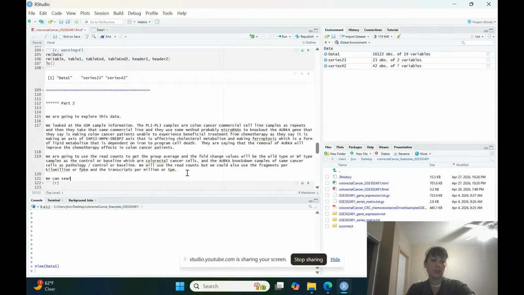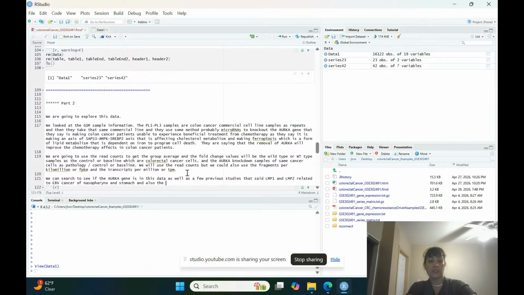We can search to see if the AURKA gene is in this data, as well as a few previous studies that said LMP1 and LMP2 related to Epstein-Barr virus, cancer of the nasopharynx, and stomach.